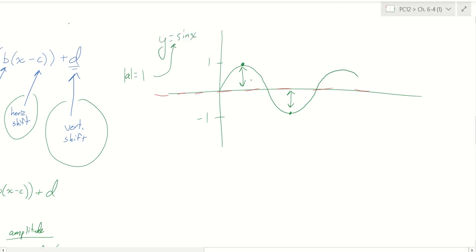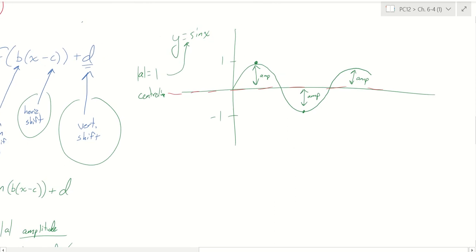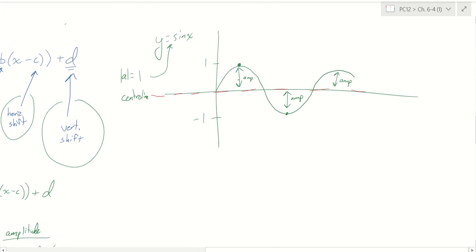So here, what we would call this is the amplitude. This is also the amplitude. It's really just the distance, again, between the center line, this middle line that cuts the wave in half, and either a maximum or a minimum. Doesn't really matter. They will be identical distances. So that's what the amplitude is. It's really the size of the wave vertically.